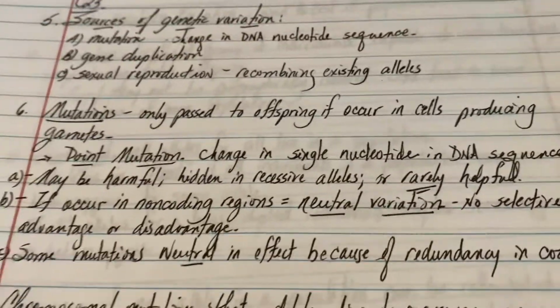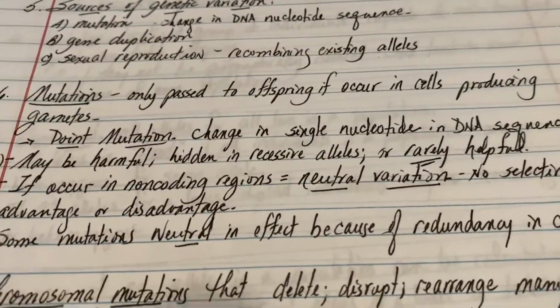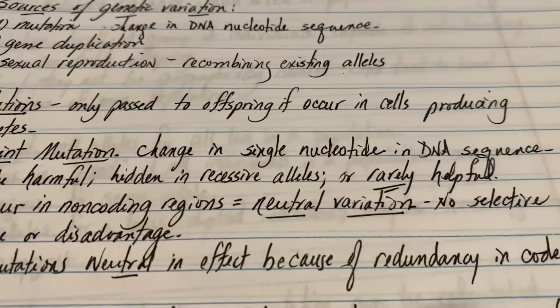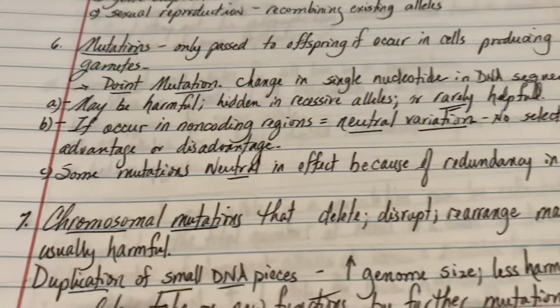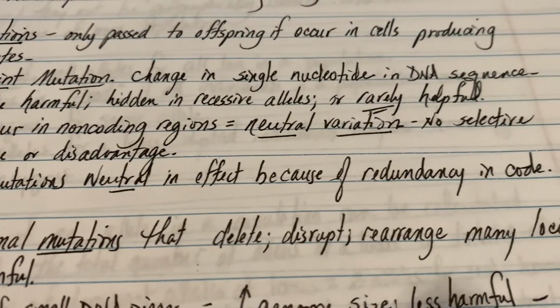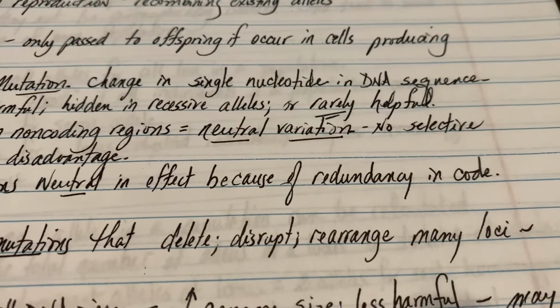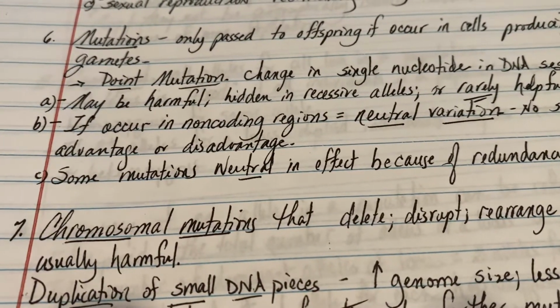The one we just talked about on that sheet, where it takes such a drastic change in order to see a change in the amino acids. Chromosomal mutations that delete, disrupt, or rearrange many loci are usually harmful.